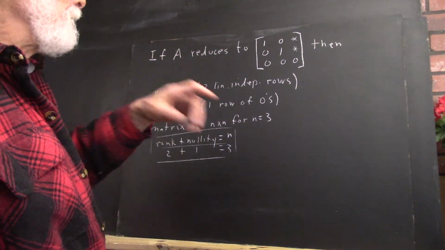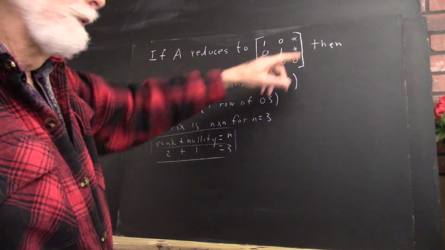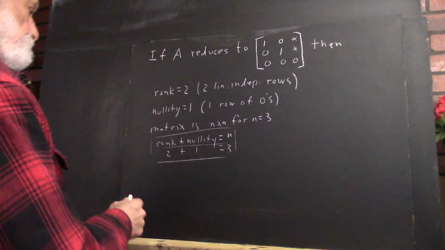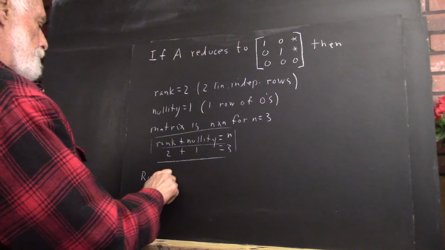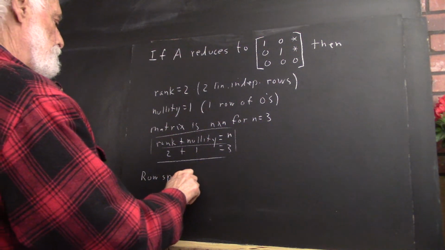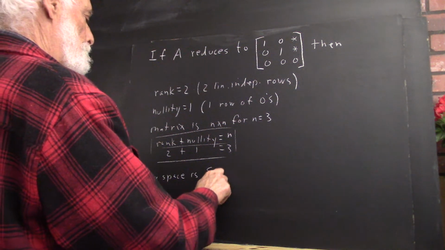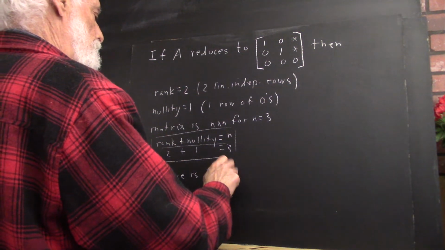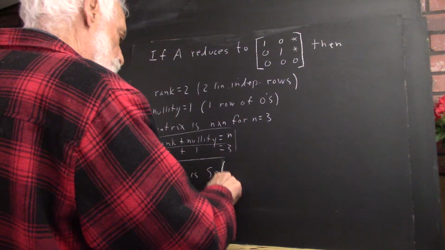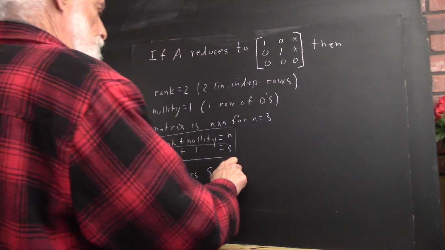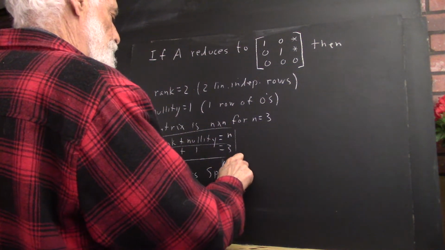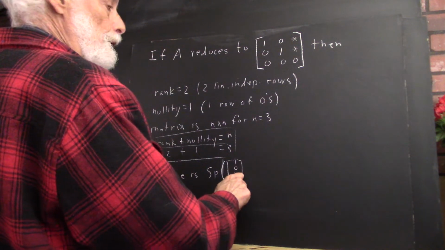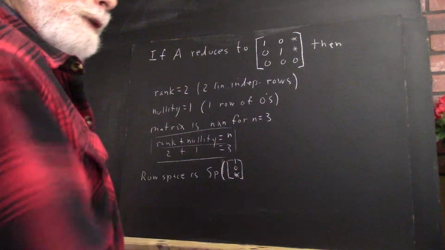The row space is now the span of these two vectors. It's the span of the set 1, 0, asterisk, where again the asterisk can be any number depending on what the original matrix was.